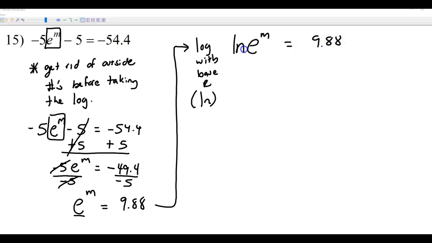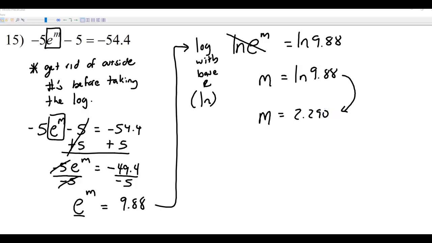I'm going to log both sides with an ln, and we do that to cancel out the e, which leaves me with m. Now, you don't need to use change of base for this one, because we have that button on our calculator. ln of 9.88. I've got an ln button. So I'm just going to push ln of 9.88, and I get 2.290.